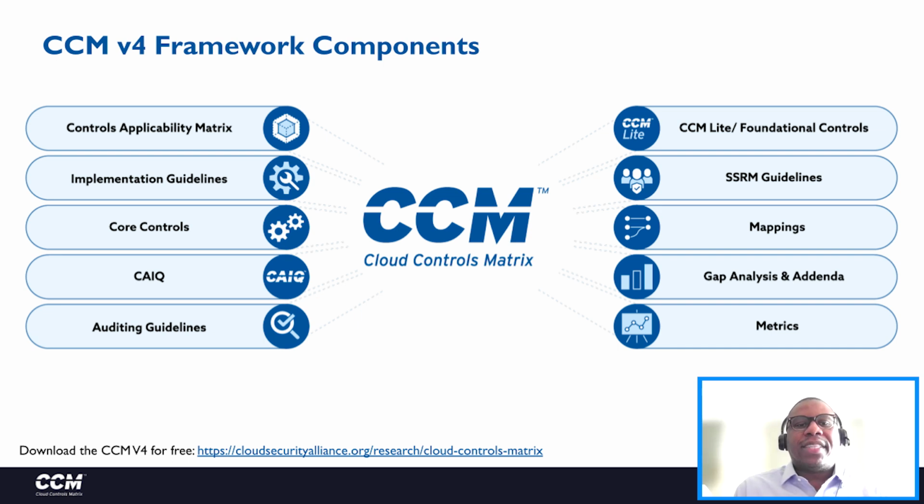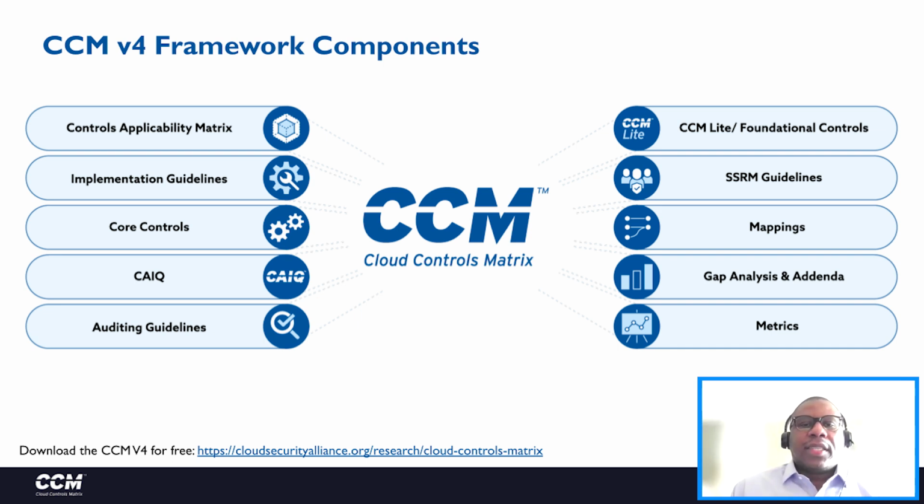We also have the CAIQ, which is a questionnaire that you can use to send to your prospective vendors. We also have something called CCM Lite, if you want to do a light version of the Cloud Control Matrix. Then we also have the SSRM guidelines that we've just talked about. We also have mappings. We can map the controls to different frameworks. There's also gap analysis and addenda. Last but not least, we have metrics.